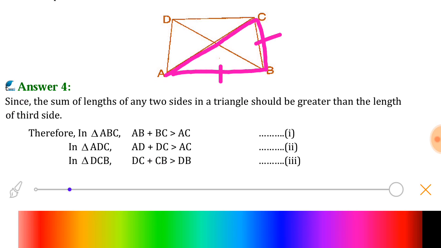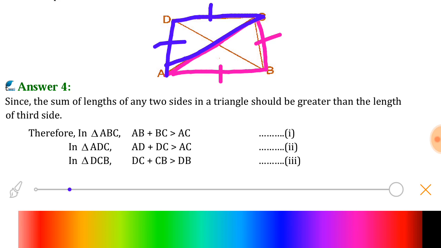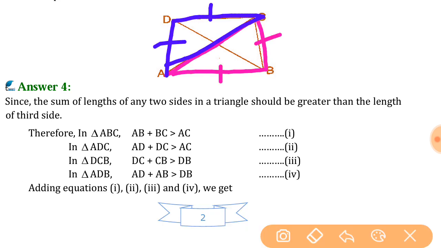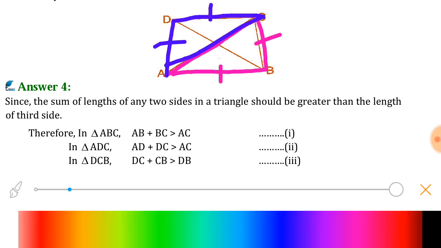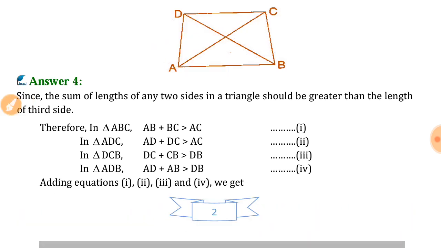In the same way, take triangle ADC, and if you add these two sides, this sum will come. Or you can take BCD; you can check that triangle. This is how it works in that triangle.